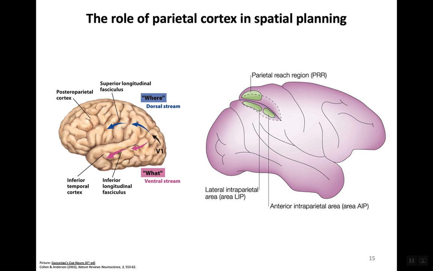For instance, adjusting the aperture of the hand so you can grasp an object correctly. Also, a relevant area is the lateral intraparietal area, or LIP, which is responsible for eye movements towards a given location in space, in your environment. So then you might assume that damaging or deactivating any one of these areas in isolation of the others might yield very different effects, and that expectation would be correct.